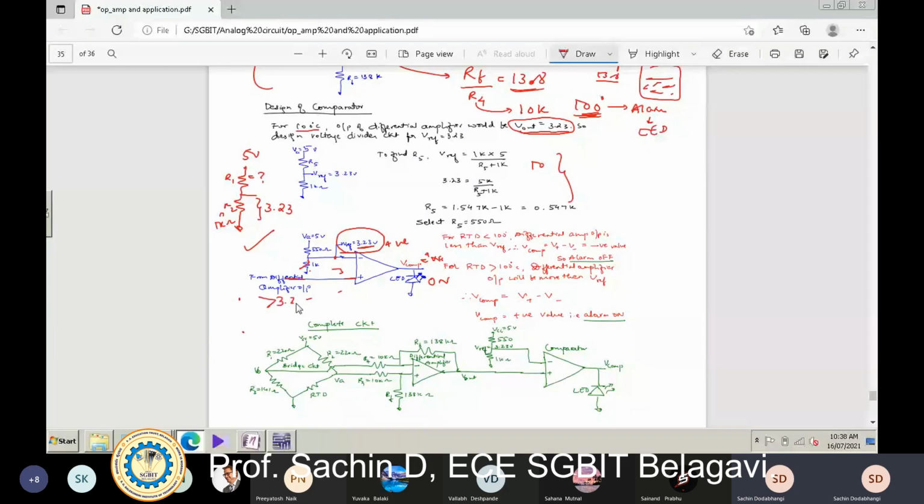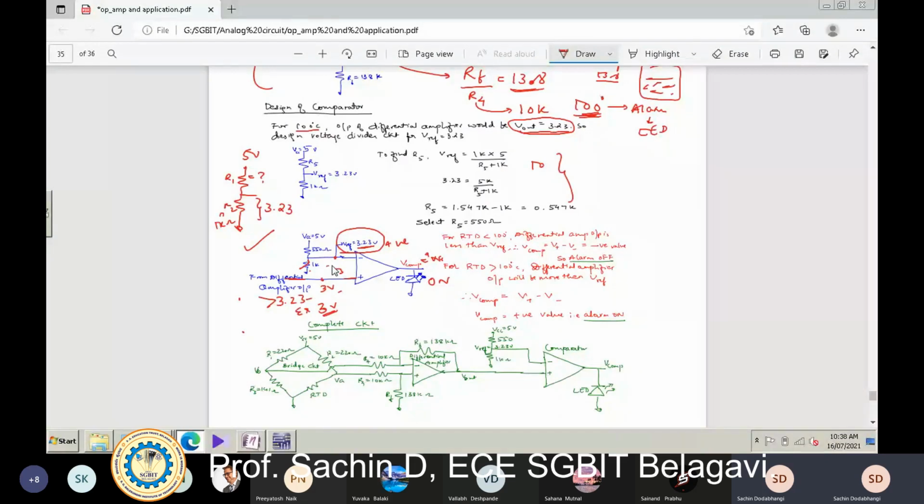So less than 3.23 means, for example, I will take it as 3 volt. Suppose I have 3 volt here, so 3 minus 3.23, I get minus 0.23. So the difference is a negative value.